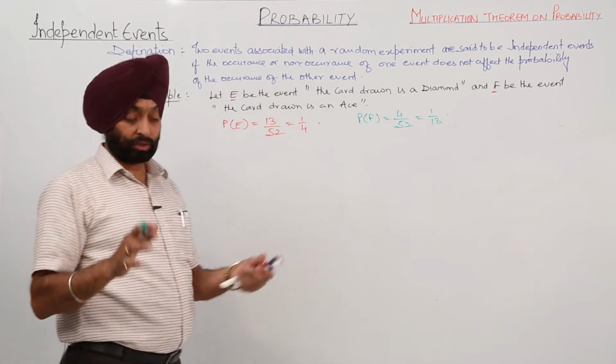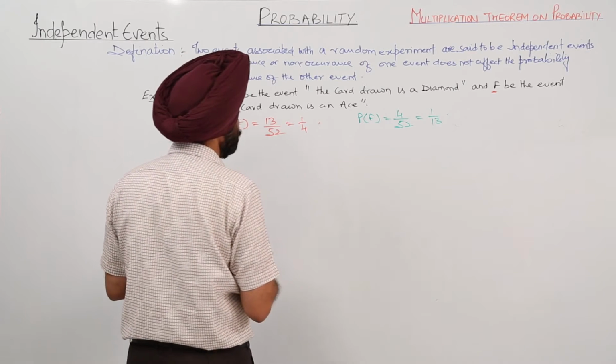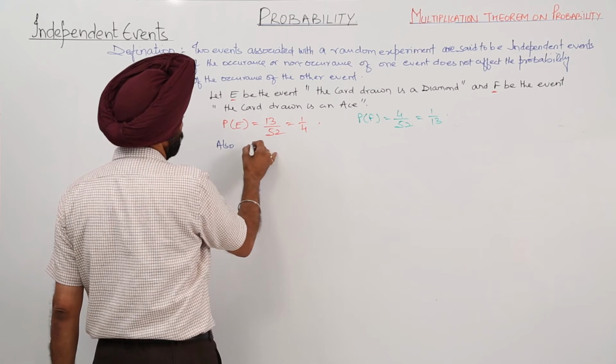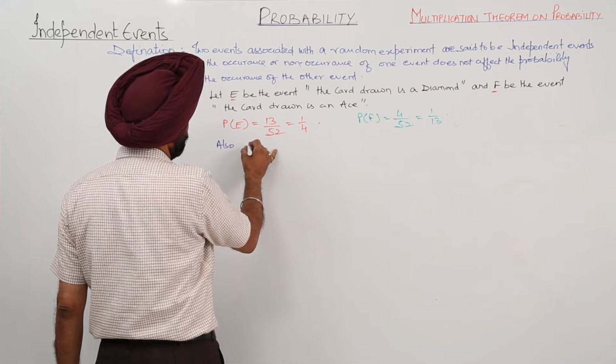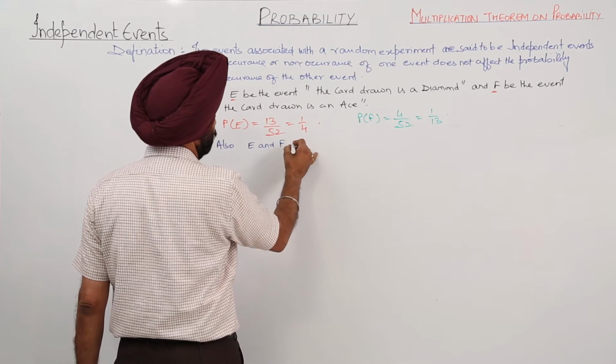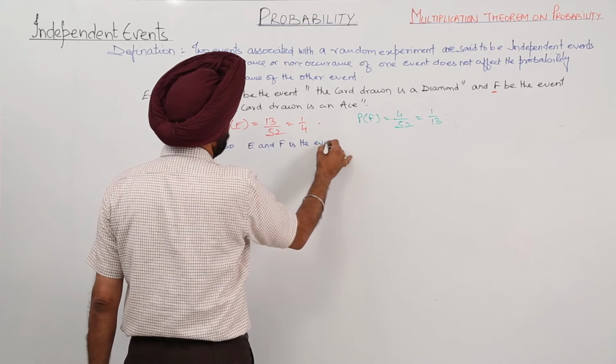Two things done. Now a new thing I am going to write. Also we can write E and F as an event.